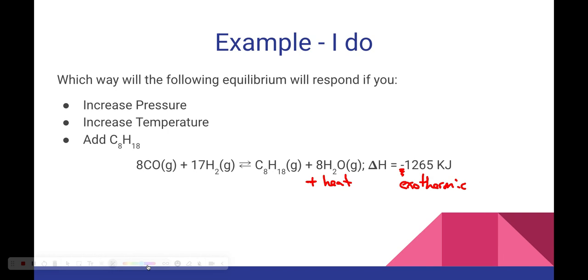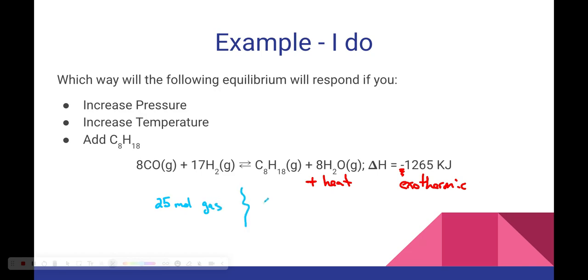Now, it says increasing gas pressure. So we increase gas pressure. We know that the equilibrium is going to shift to the side with fewer moles of gas. So on our reactant side, we have, what is this, 17 and 8. We are looking at 25 moles of gas on our reactant side.